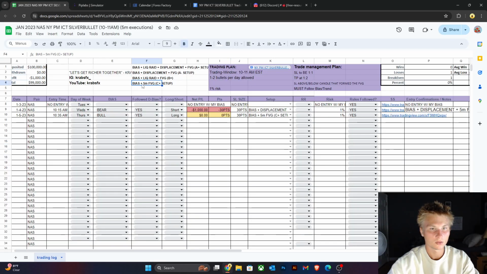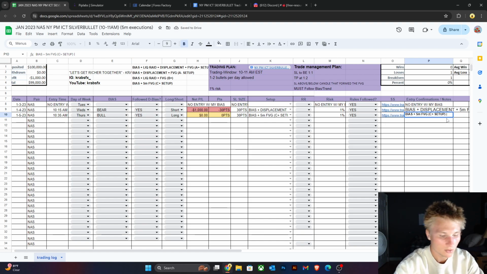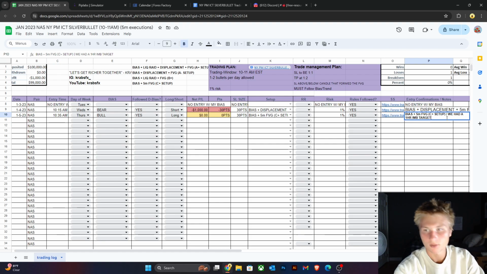Hold up. So mark this up here. But I'm gonna add in that we also had a 1 hour imbalance target as liquidity draw.